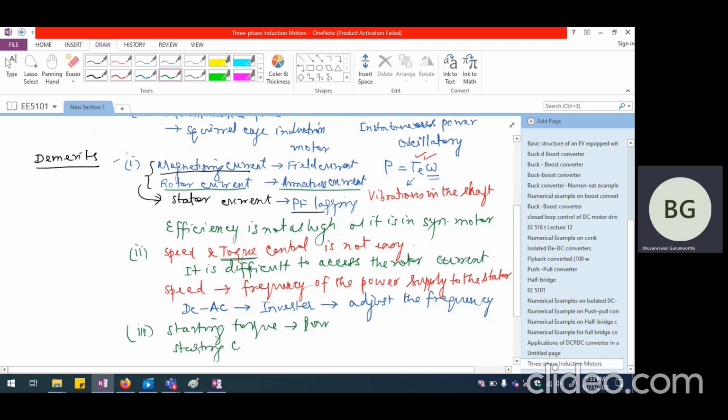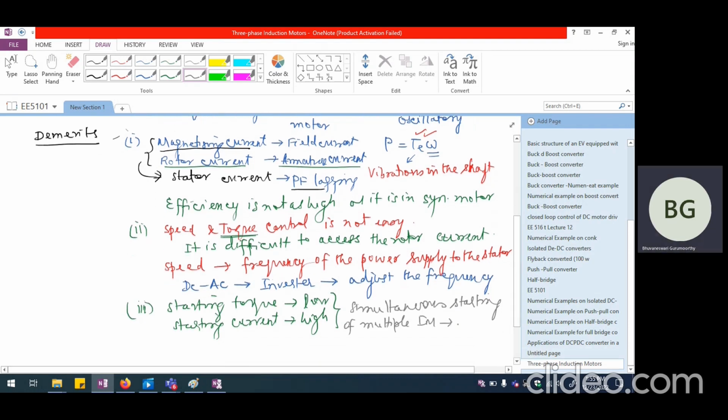If I have 5 or 6 induction motors in my industrial premises and I am going to start all of them together, simultaneous starting of multiple induction motors generally is going to cause a voltage dip because the current will increase tremendously.